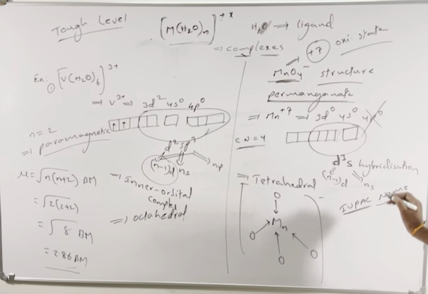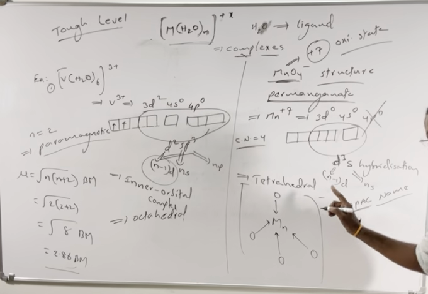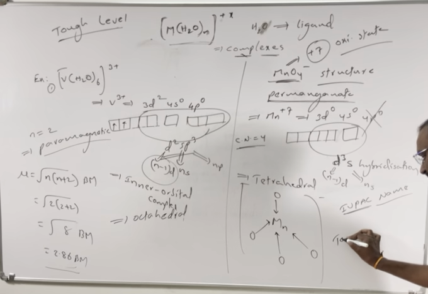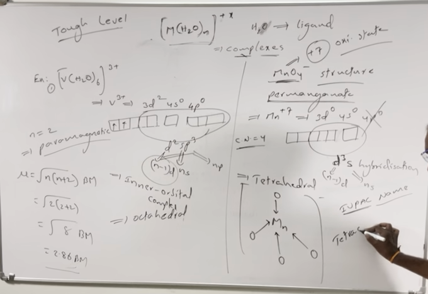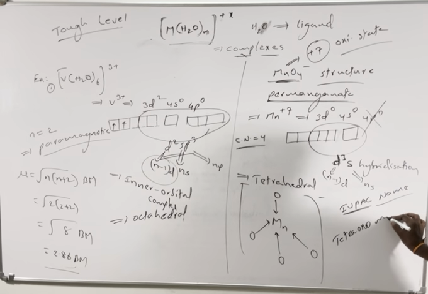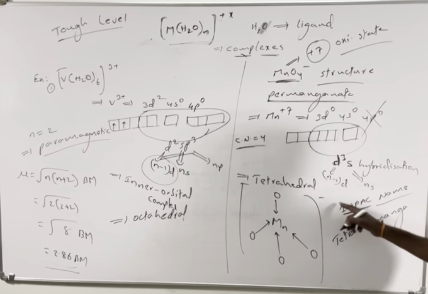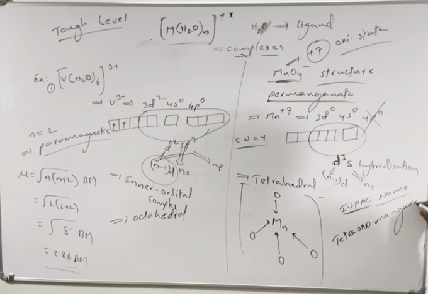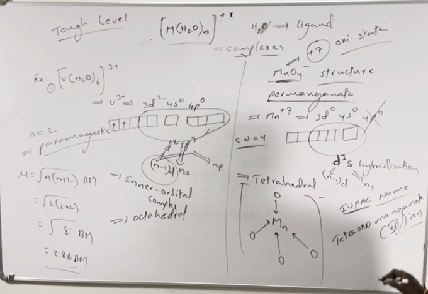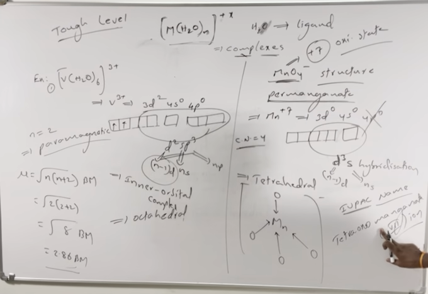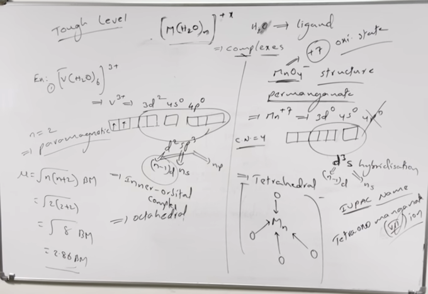The actual name: 4 oxygens are there, so tetraoxo, and because a negative charge is there, manganate, with the +7 oxidation state in brackets. Tetraoxomanganate ion, its oxidation state is 7.